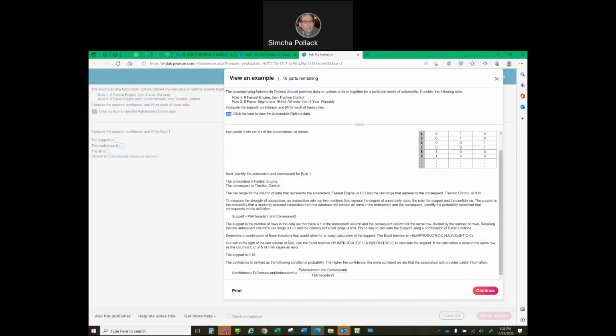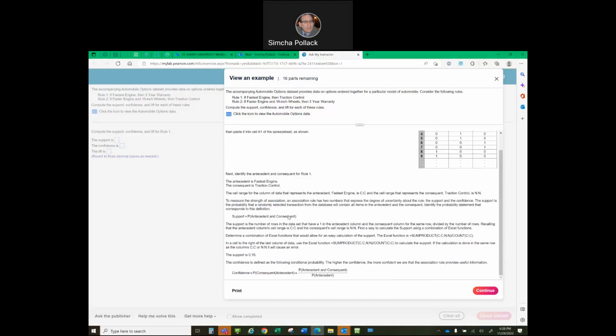Okay, now we want the confidence. The confidence is a conditional probability. What's the probability of the consequent given the antecedent? If you recall from the earlier chapters, that probability is found in two steps. First, you find the probability of both antecedent and consequent happening, which we know is 0.16. We just did that.